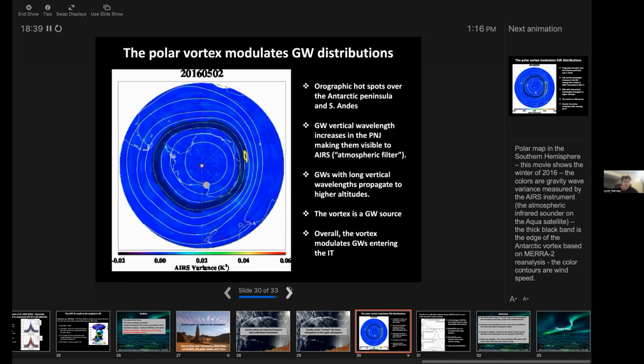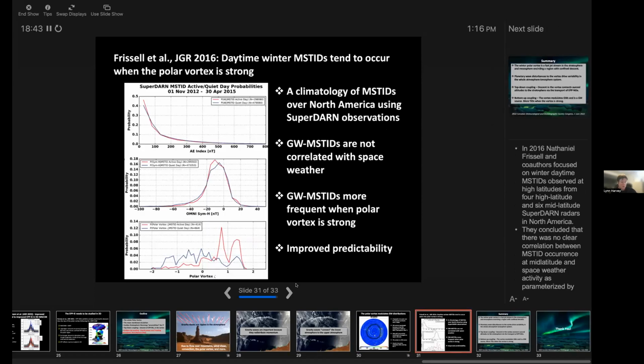In 2016, Nathaniel Frizzell and co-authors focused on winter daytime medium scale traveling ionospheric disturbances observed at high latitudes from 4 high latitude and mid latitude SuperDARN radars in North America.